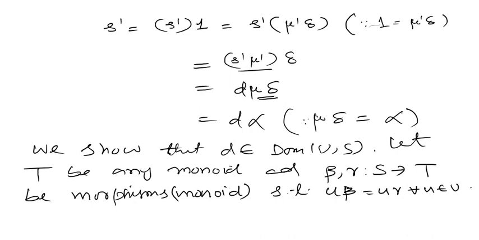So we have the following commutative diagram. You can see that diagram here. So let's first verify the commutativity of the diagram, then we write the diagram.